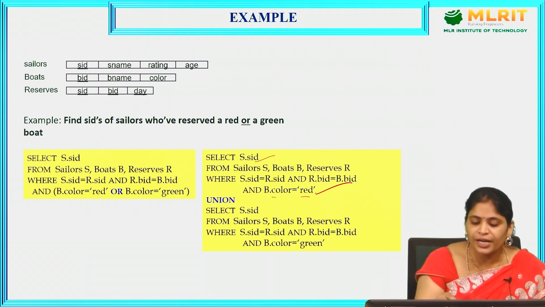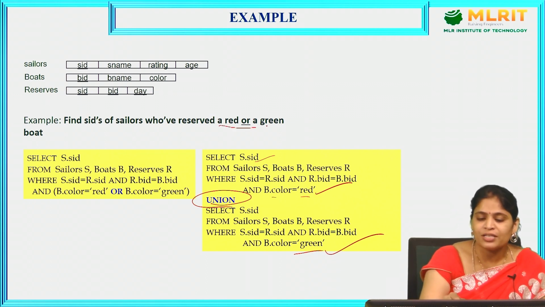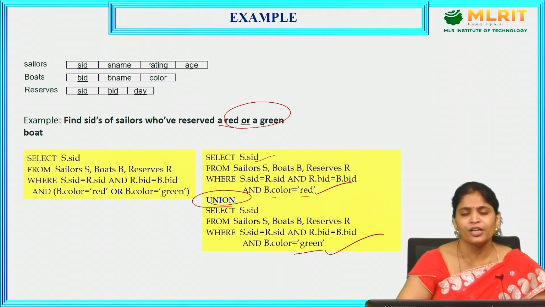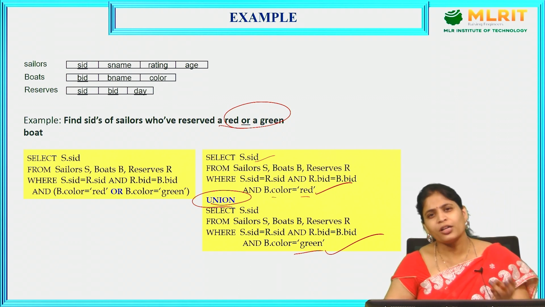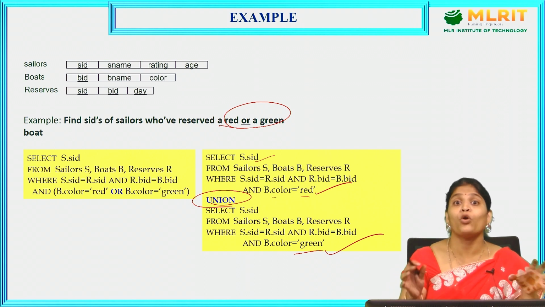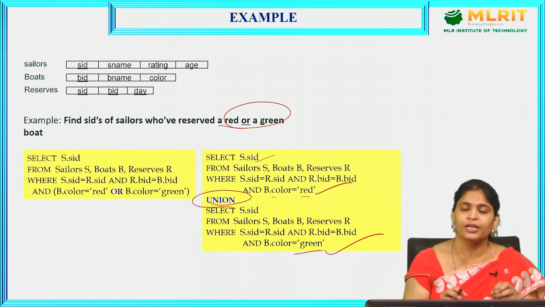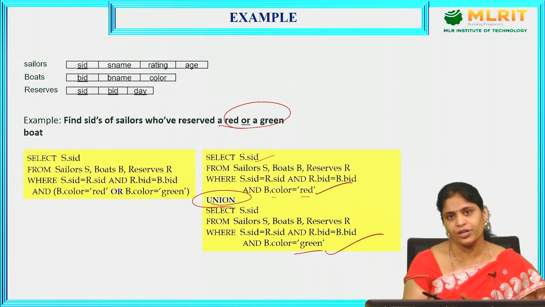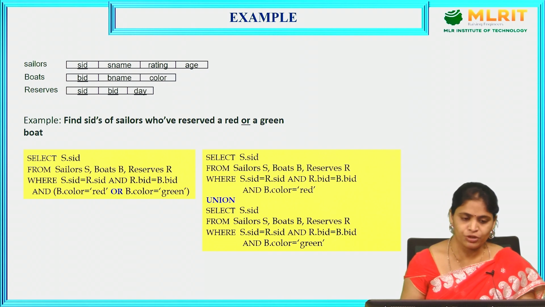We are uniting this with the sailors who have reserved green boat. Why? Because here they have mentioned red or green boat. That is nothing but the sailor who can reserve red boat or green boat, not both the boats. We are not dealing with the sailor must reserve both red and green boats. Either red or green. We are uniting. Clear? In this way we represent.